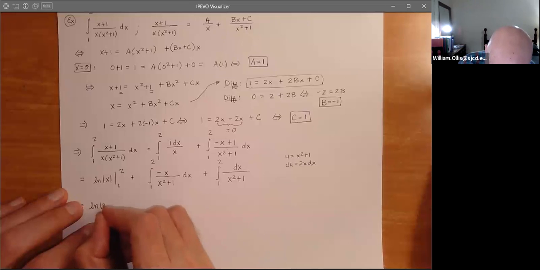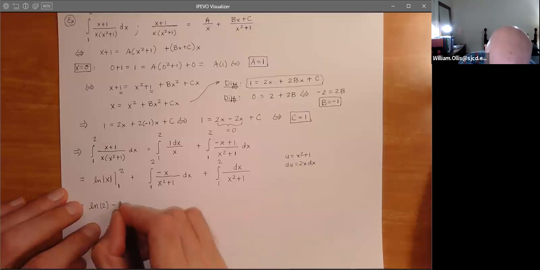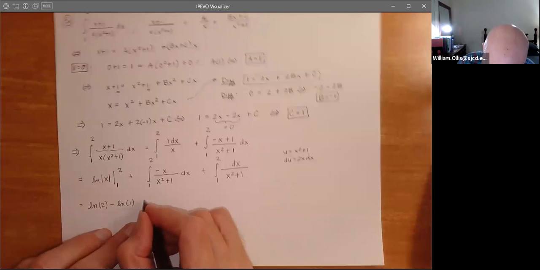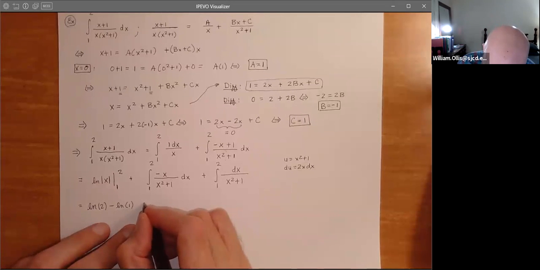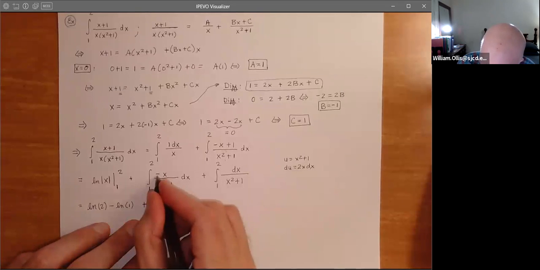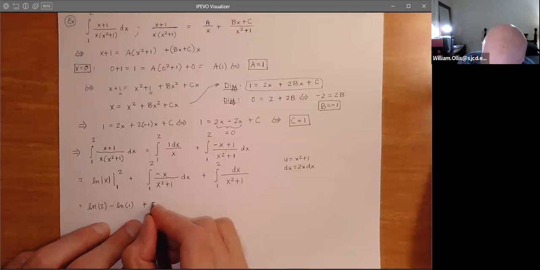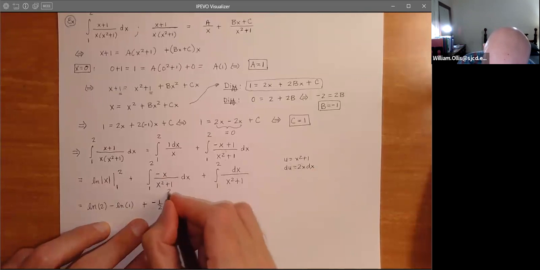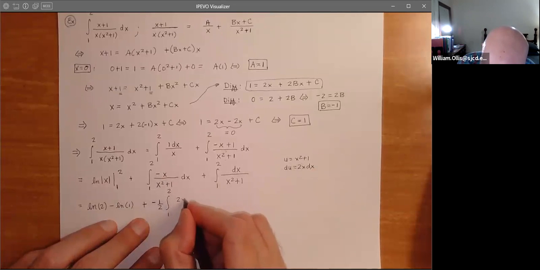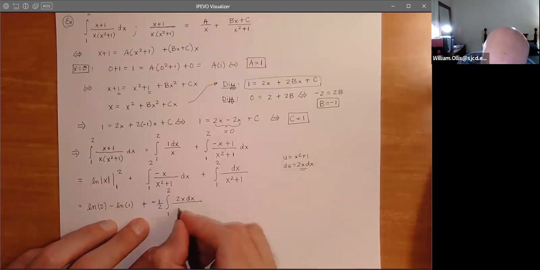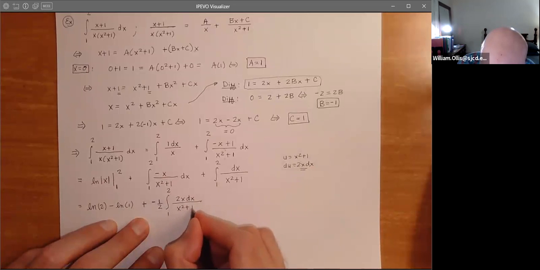So we have natural log of 2 minus natural log of 1, those of course being absolute value. Now we'll have plus the negative 1/2. To pay for that, factor the negative and pay for the 2 with a 1/2, from 1 to 2. So this will be a 2x dx, as we have here, divided by x squared plus 1.